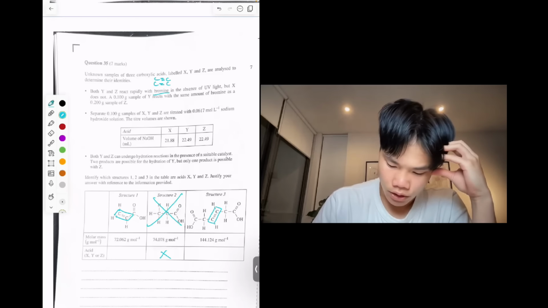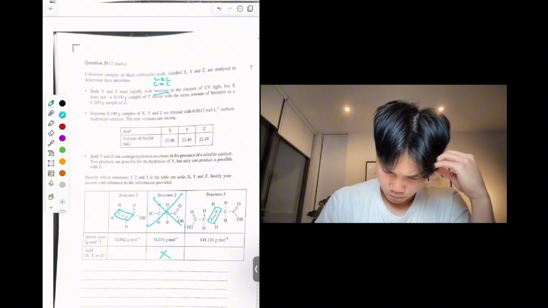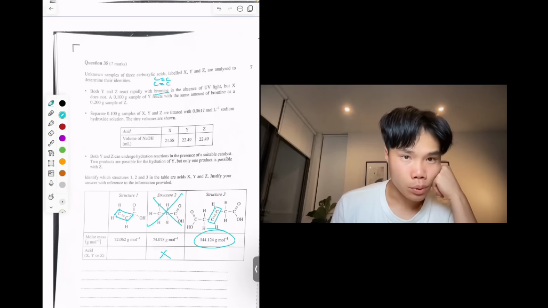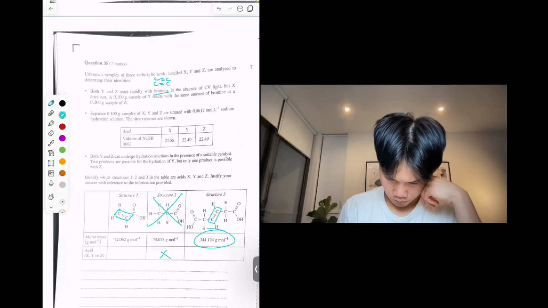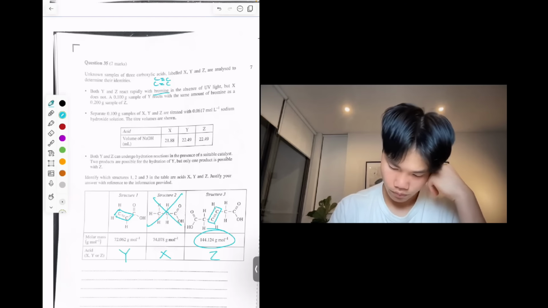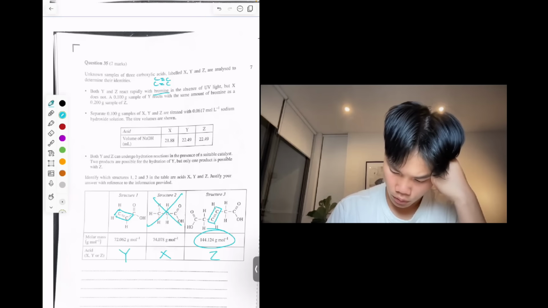A 0.1 gram sample of Y reacts with the same amount of bromine as a 0.2 gram sample of Z. Because one has double the molar mass compared to the other, it will react with the same amount of bromine if you have twice the amount of Z. So that tells you that structure 3 is Z and structure 1 is Y, because Y will have half the mass for the same number of moles compared to 3.